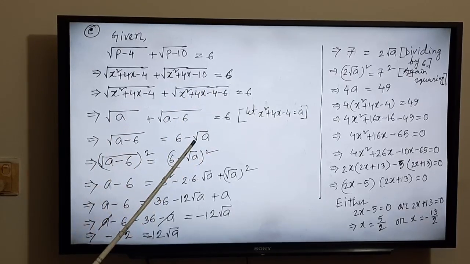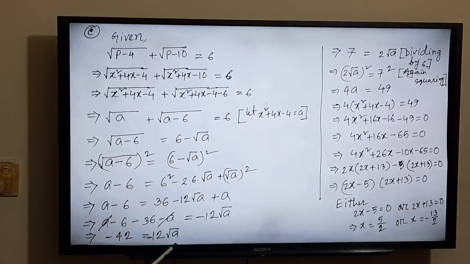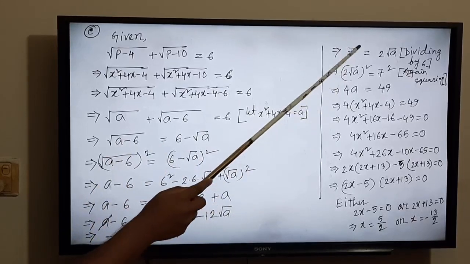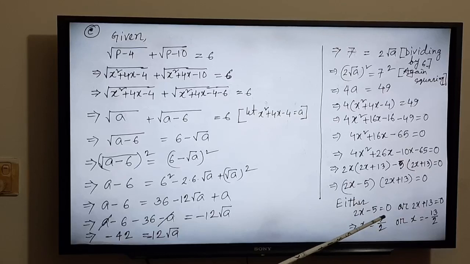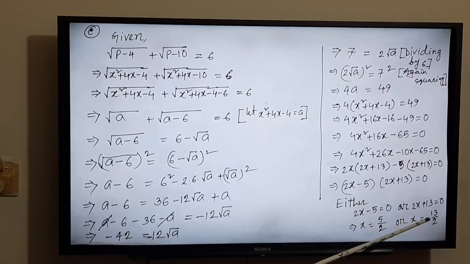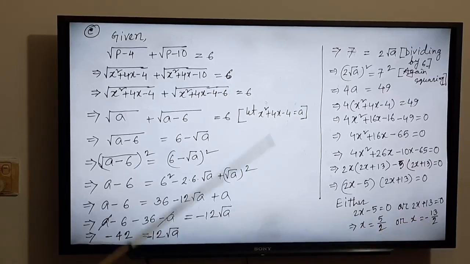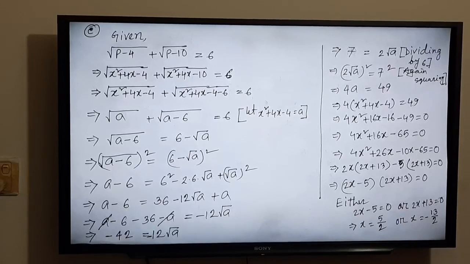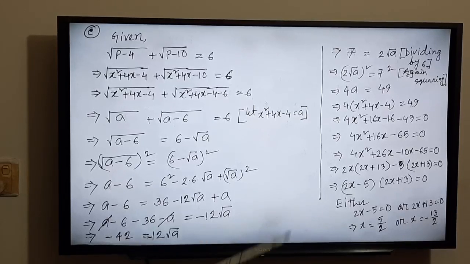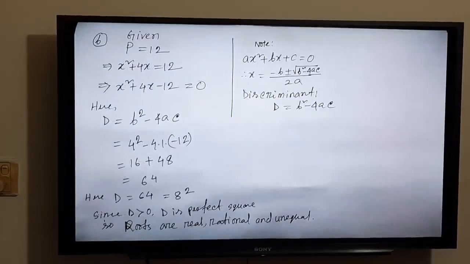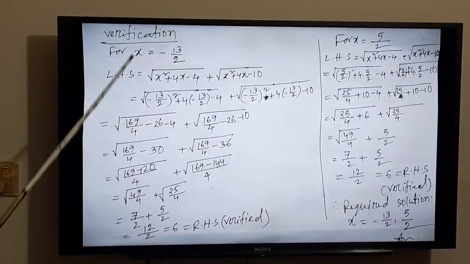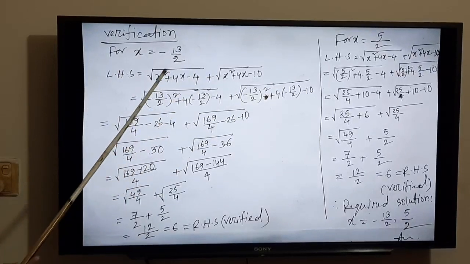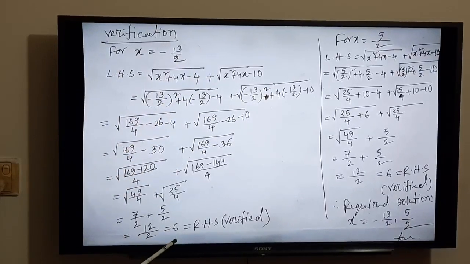Then we isolate the radical term and solve as before, and we have got the two values, x is equal to minus 5 by 2 and x is equal to minus 13 by 2. There is no need to discuss in detail, because we have already discussed the same type of question. We need the verification. So the verification: x is equal to minus 13 by 2 is also verified.